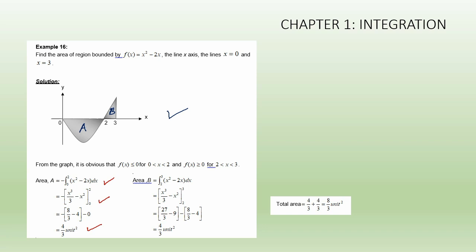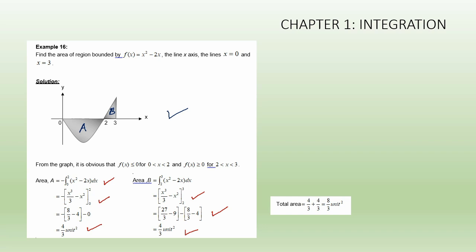So we integrate the function. We have x cubed over 3 minus x squared for x from 2 to 3. We substitute the values, and we have the area of B as 4/3 units squared.